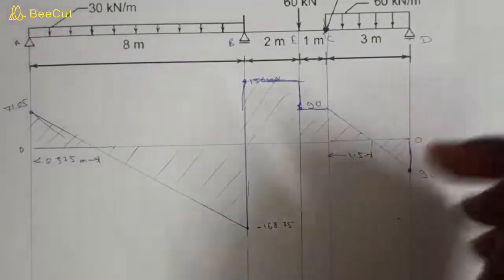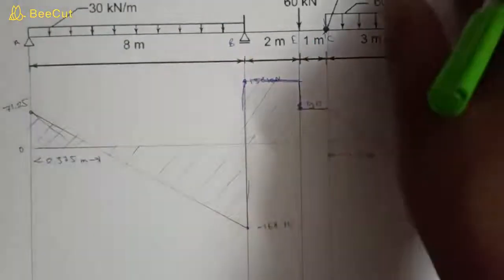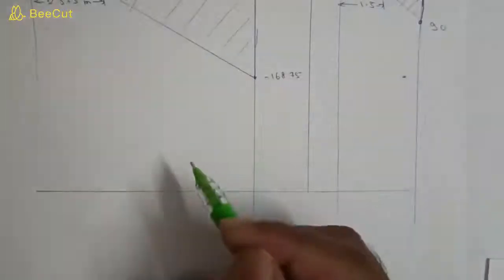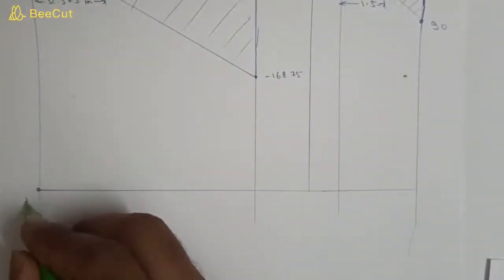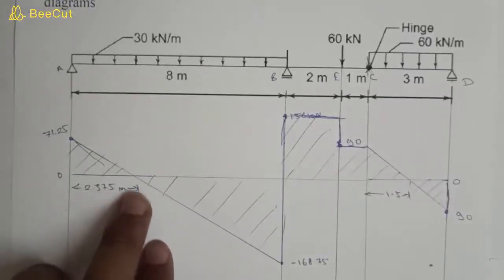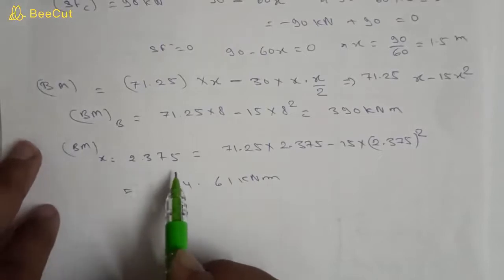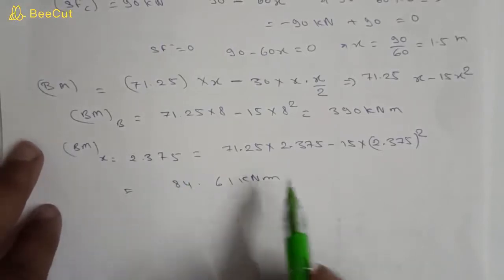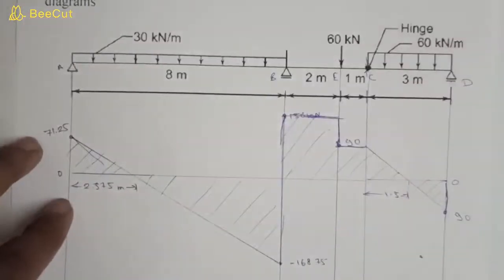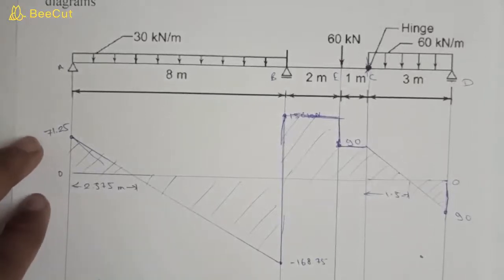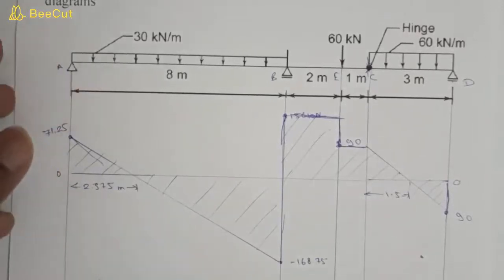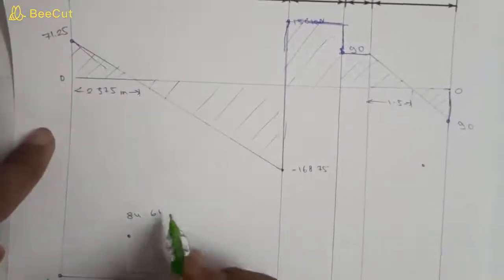So bending moment at point A is 0, so we will mark here bending moment at point A is 0, and we had calculated bending moment at 2.375 meter. Bending moment at x equal to 2.375 meter is equal to 84.61 kilonewton meter here.